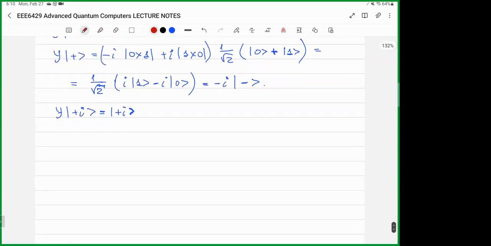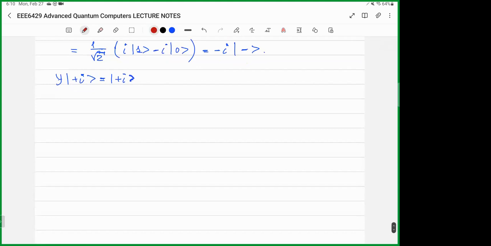So this Y gate does a rotation around axis Y by pi or 180 degrees and changes the phase.